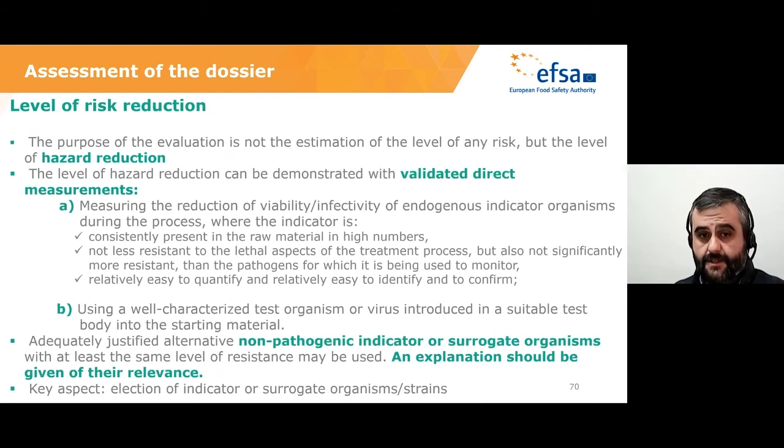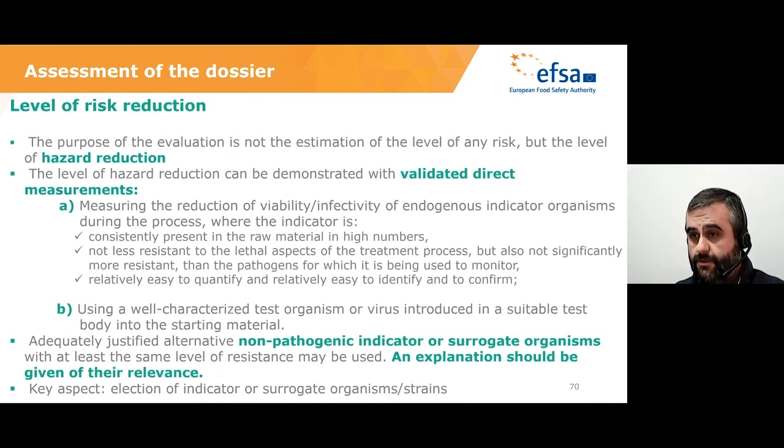Another possibility is, instead of using an organism that is naturally present in the material, to inoculate the material with a well-characterized test organism or a virus introduced in a suitable test body into the starting material.